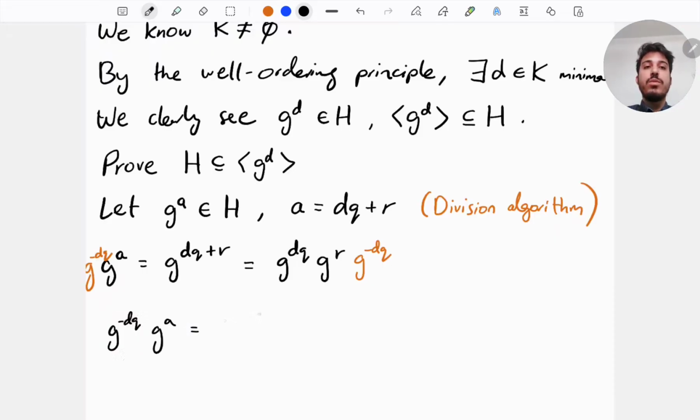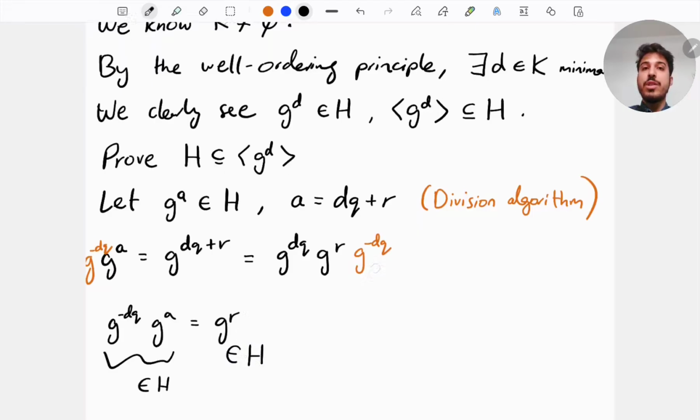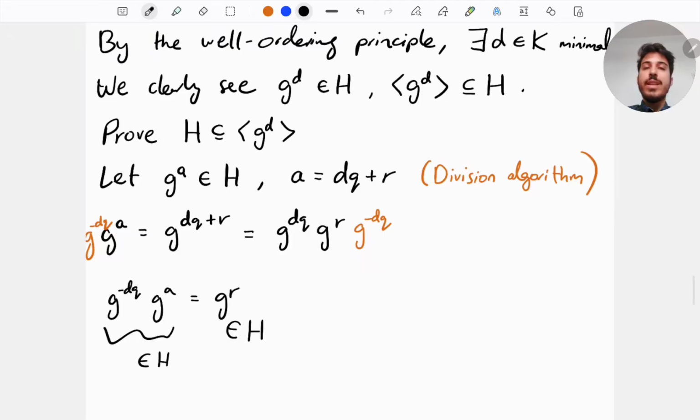And this is equal to, these two will cancel out because a cyclic group is commutative, so it's going to be just g to the r. So because this element here is in H and it's equal to this element, that means g to the r must be in H.